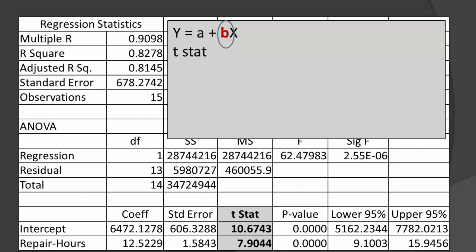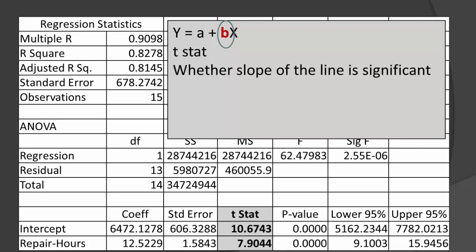There is no variable component to our costs. The t-stat tells us whether the slope of the line is significant, that is, significantly different from 0.